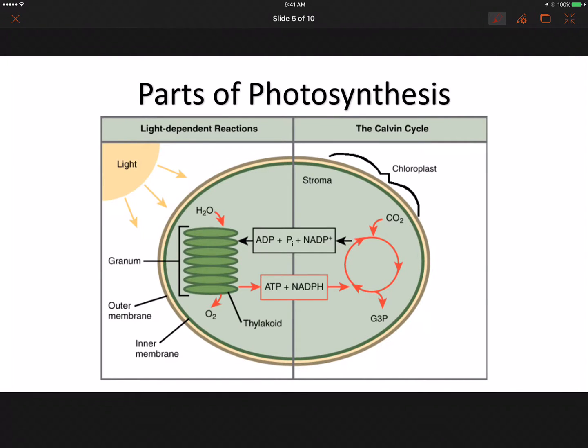So there are 2 parts of photosynthesis. There is the first part, the light dependent reaction, and the second part, the light independent reactions, or the Calvin cycle. Now, the light dependent reaction happens on my thylakoids.